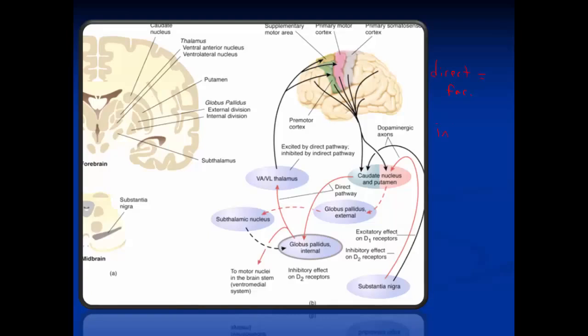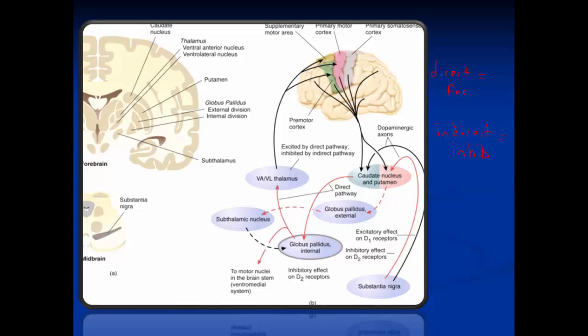We have indirect, which inhibits movement. So when you're moving, you're going to actually have activity in both the direct and indirect pathways. So we're going to facilitate movement, but we're going to also inhibit it. And so it's kind of a weird thing to try to think about.